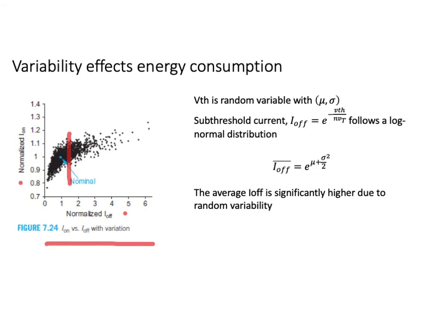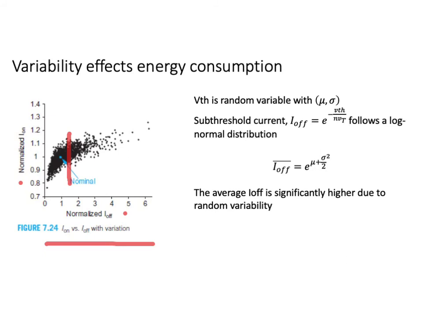Okay, and if we try to quantify what is the average leakage current in a circuit, because of course, if you have a more detailed circuit model, you can actually model statistically the average threshold current across the whole circuit. But if you wanted a quick estimate of the average leakage power consumption, you can try to estimate the average sub-threshold off current.